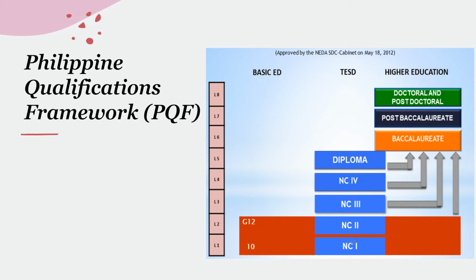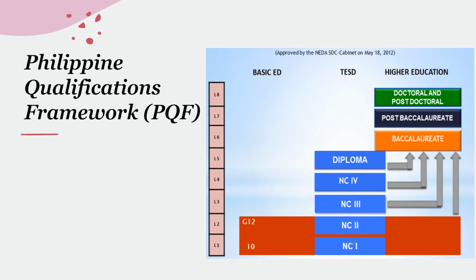So in other words, as you can see in the framework, grade 12 has the same level in the PQF as those individuals who possess NC2. Okay? So meaning to say, under the TESDA or the Technical Education Skills Development, they cover levels 1 to level 5 under the PQF.